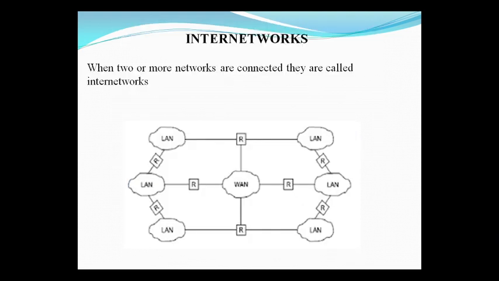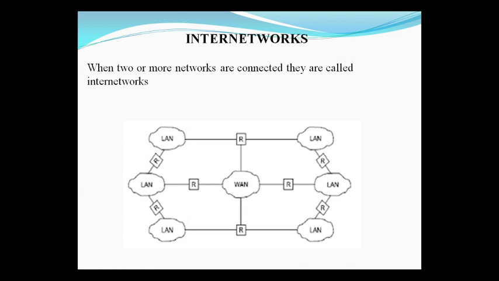Next is internetwork. Internetwork means when two or more networks are connected, they are called internetworks, as shown in this figure. Here LAN and WAN are connected. So this is an internetwork.